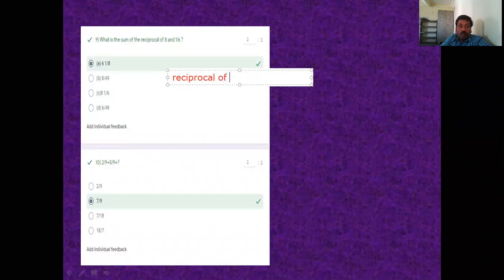The reciprocal of 8 is equal to 1 by 8. And the reciprocal of 1 by 6 is 6 by 1, which means only 6.